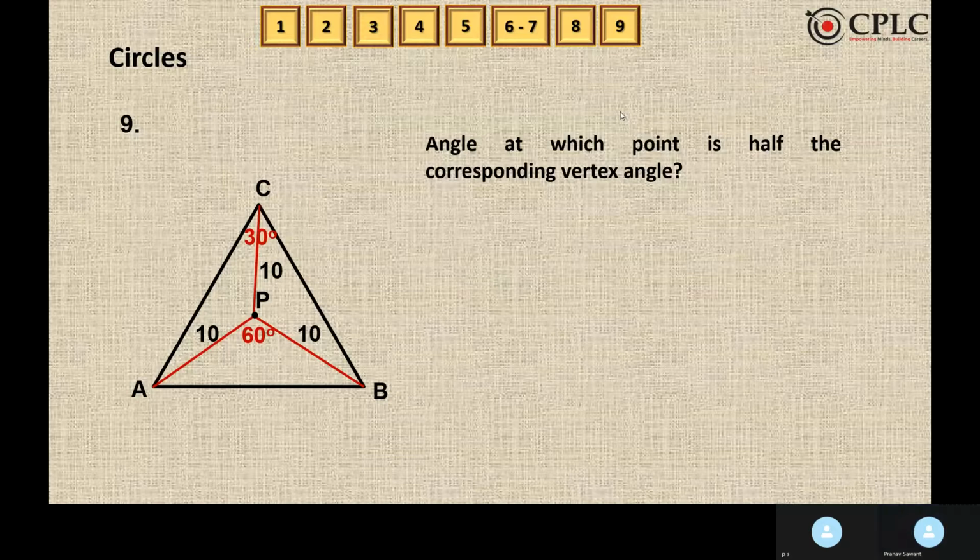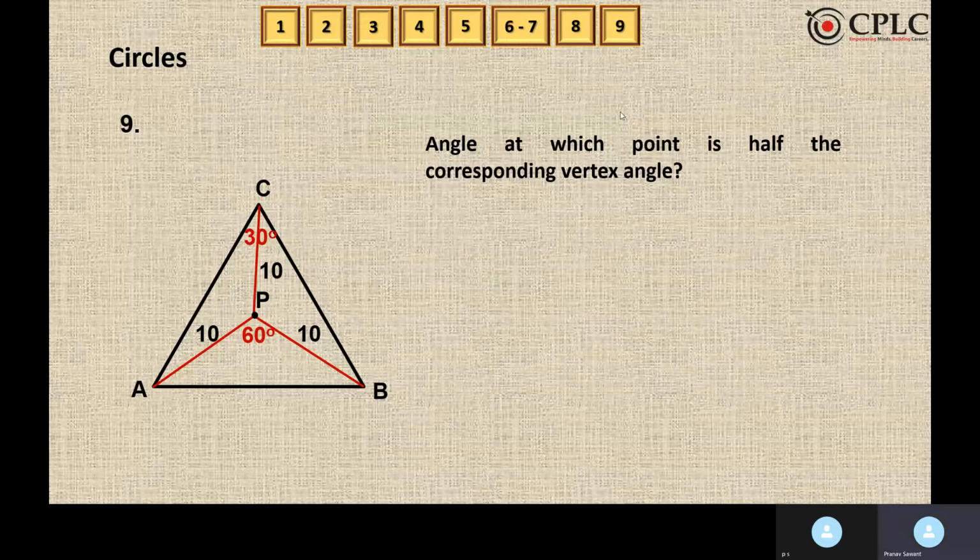Also, there's one formula that angle ACB is equal to half angle APB. That means angle ACB is half angle APB. So half of 60 is 30. Hence, angle C is going to be 30.